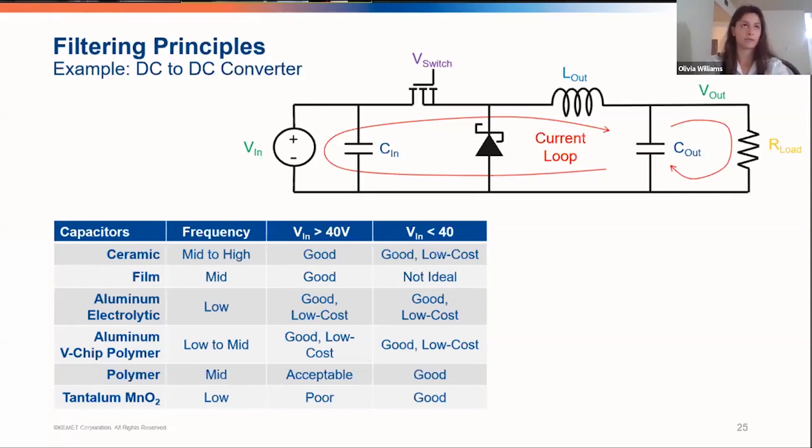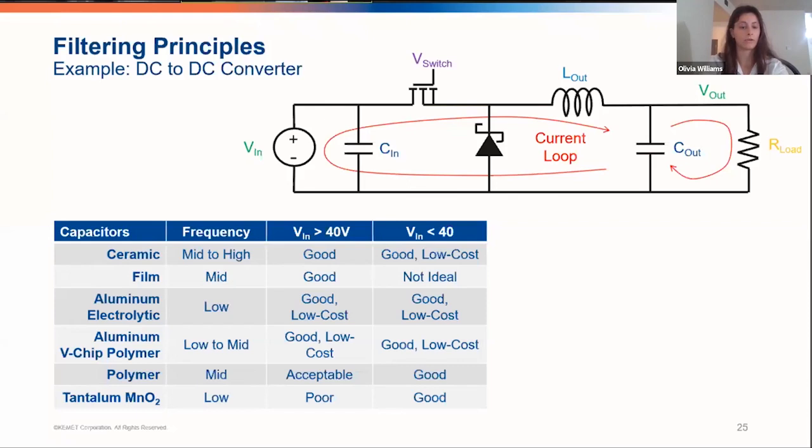But if your driving factor is cost, then they can be effective enough to function properly across most practical voltages. And then, moving on from aluminum electrolytic, you have the aluminum polymer. These handle frequency a little bit better than electrolytics, and it's also good across different voltages and cost effective as well. They're also a smaller form factor and lower ESR.